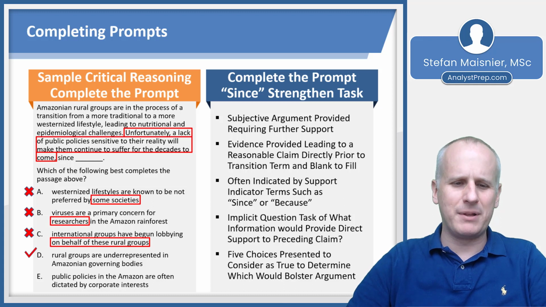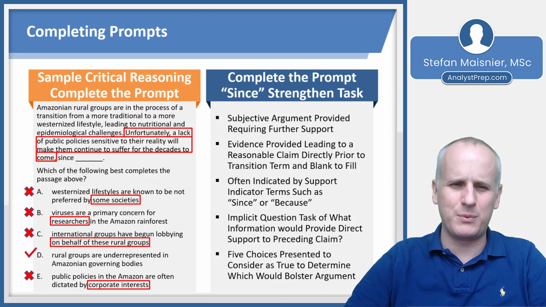And then public policies in the Amazon are often dictated by corporate interests. We need additional information. Even if we apply this, it would largely seem to weaken the argument or strengthen. It's really hard to tell because we don't know whether the corporate interests are going to be for the rural groups or not. You might make an unwarranted assumption to say that the corporate interests are negative, but they might not be.